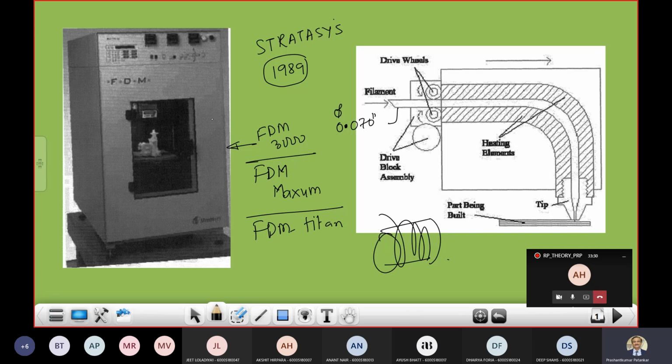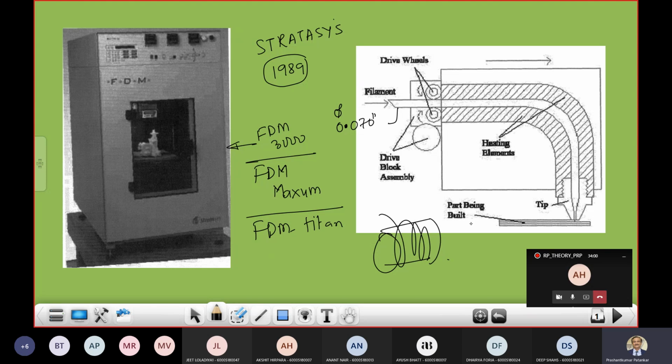I will not go into much detail of this extrusion head, but keep in mind that it consists of so many crucial components. This entire thing is called your extrusion head.